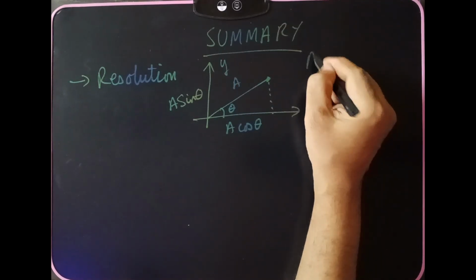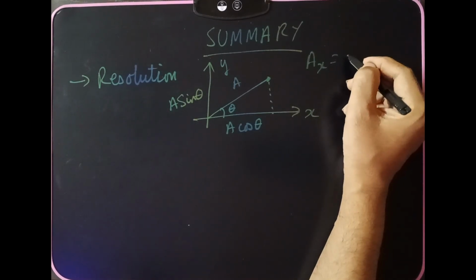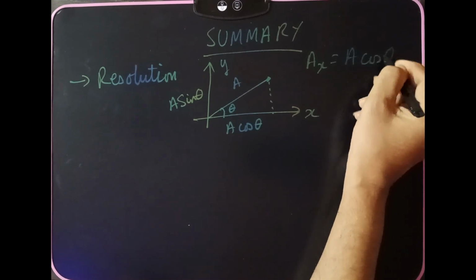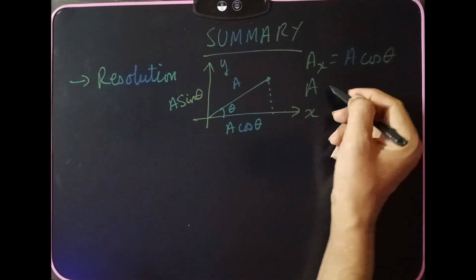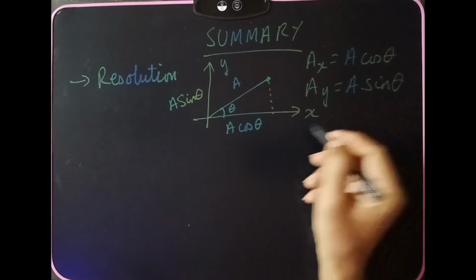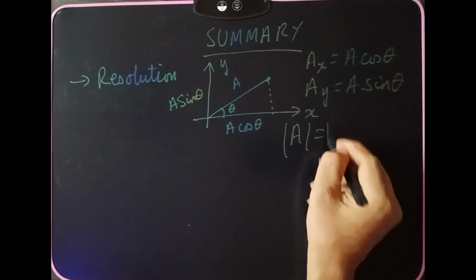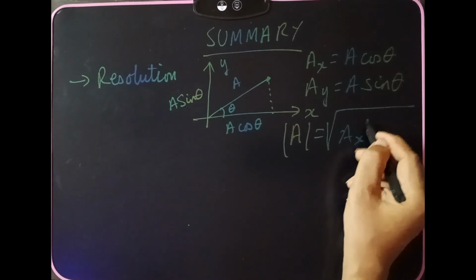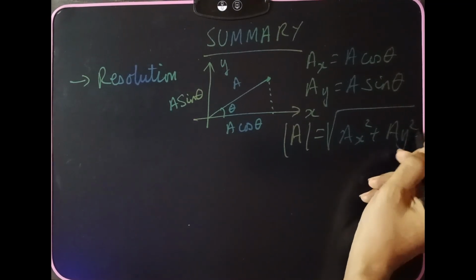So A of x will be A cos theta and A of y will be A sin theta, and the resultant will be given as the square root of ax square plus ay square.